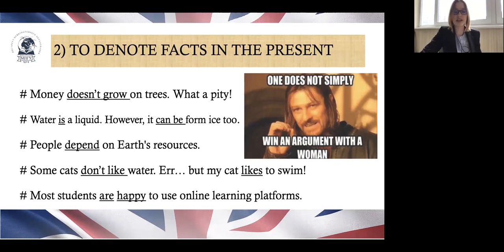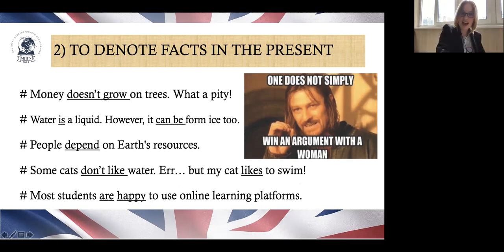People depend on Earth resources. Not all of them. Not all people depend on them. Then some cats don't like water, but my cat likes to swim or likes to drink water, for example, right? So in this case, we have a kind of controversial action. Most students are happy to use online learning platforms. The same situation here.